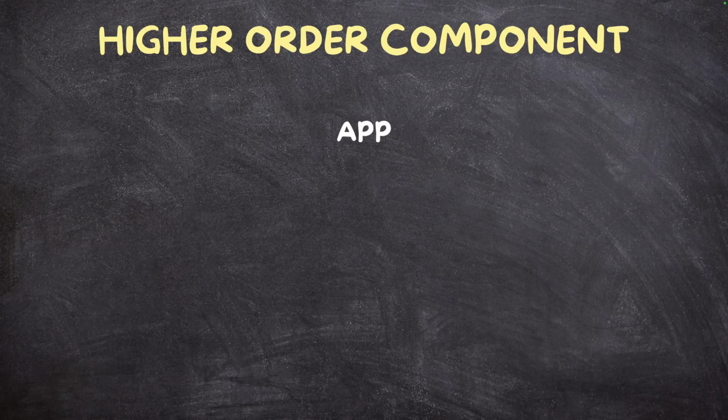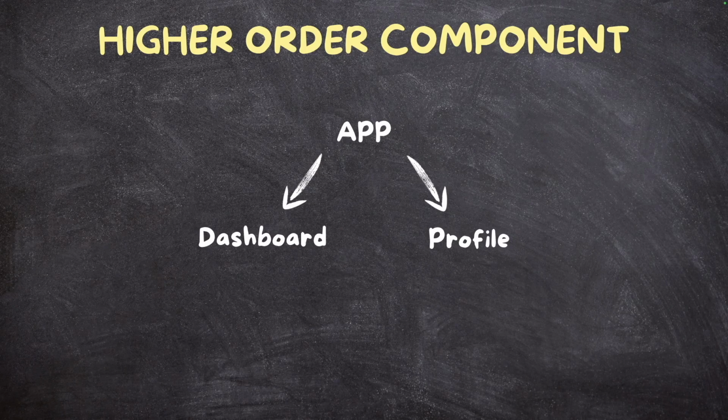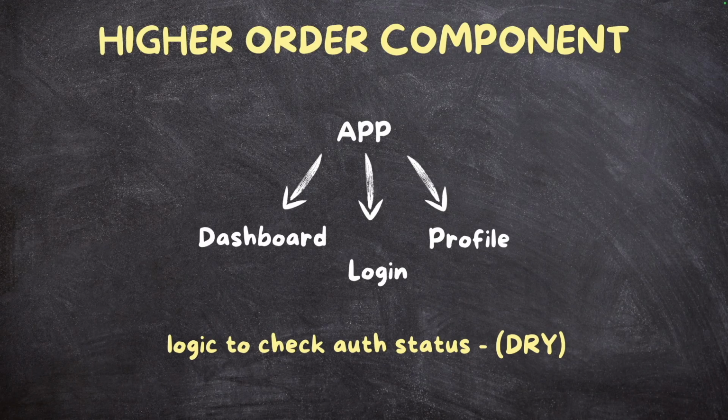Now here we will see that we have a simple app component in our project, and this app component has three different components inside it: the dashboard component, the profile component, and the login component. Now what we need to do is build logic that will check whether the user is authenticated or not. And if the user is authenticated, then we will navigate the user to the dashboard or profile page, but we don't have to repeat ourselves.